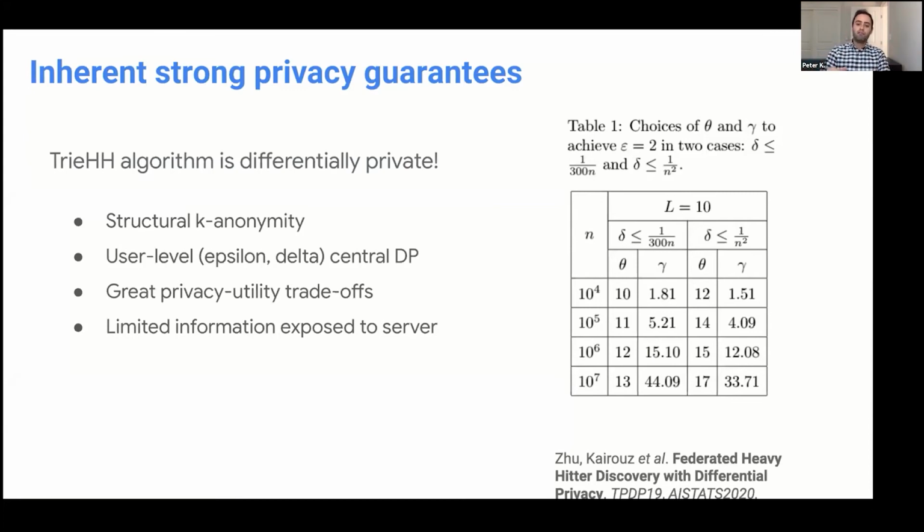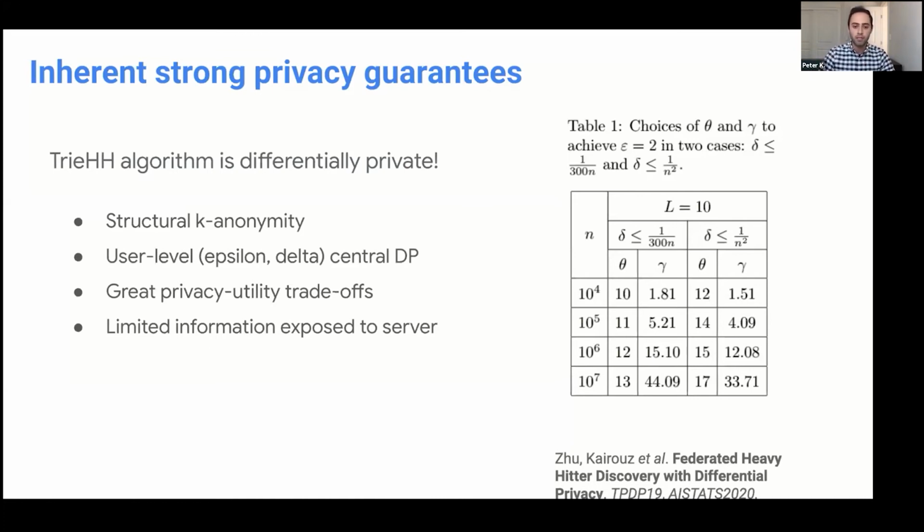And you can see that for different population sizes, we're starting with 10,000 up to 10 million, we can set our thresholds and the fraction of users we're going to select to some reasonable numbers in order to get those strong differential privacy guarantees. And I'll show you in a bit that we also get good utility, and that was the main motivation behind this algorithm, because we didn't want to let go of utility and accuracy.